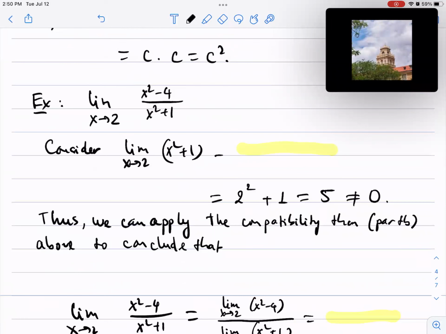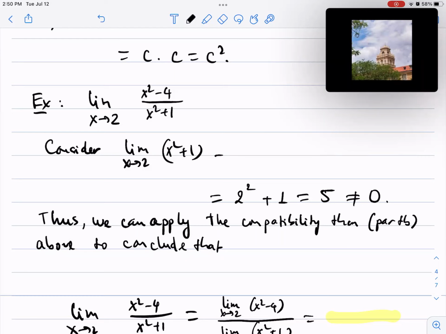Now we have another example about the limit of x squared minus 4 divided by x squared plus 1. Here we proceed by a very similar argument. The only point that you should be careful about is that we want to make sure that the denominator doesn't converge to 0.